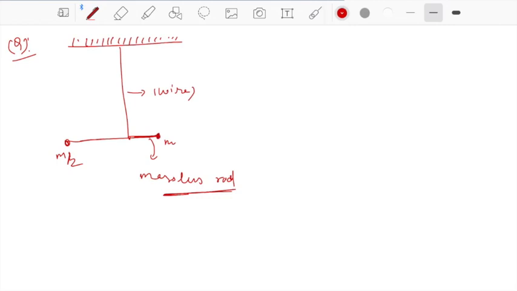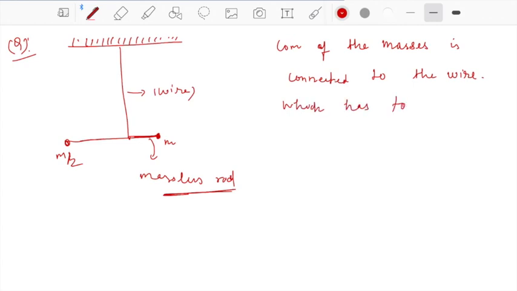and the center of mass of the masses is connected to the wire, which has torsional constant K. Now what we have done, we rotated this rod by a certain angle theta naught.